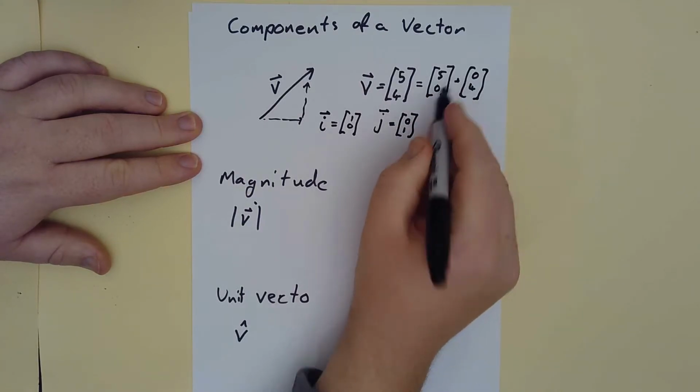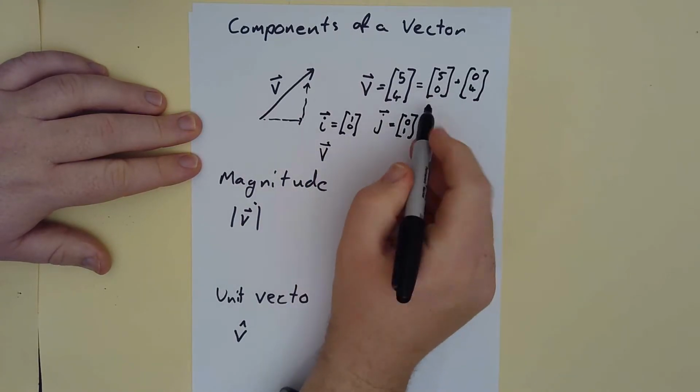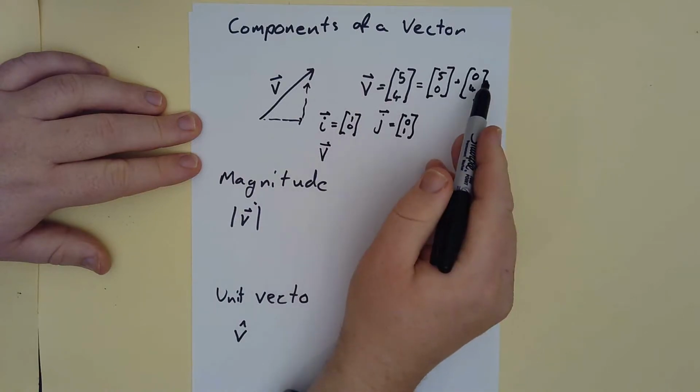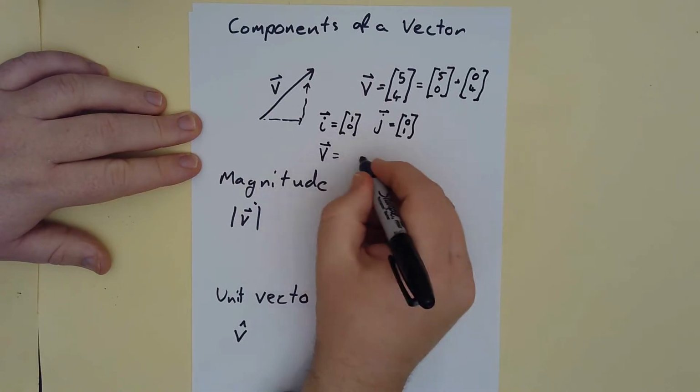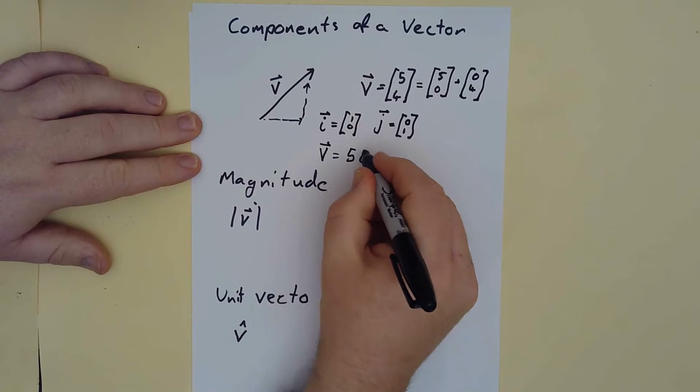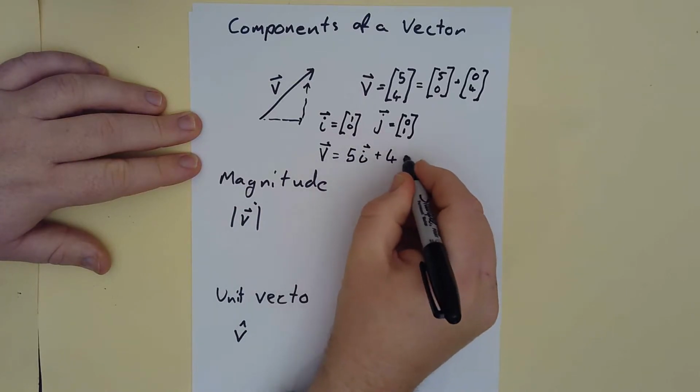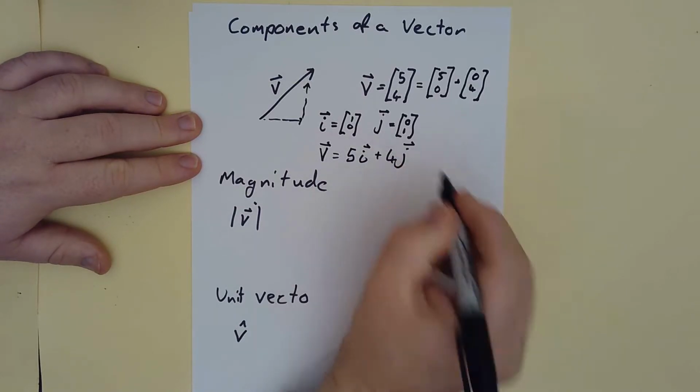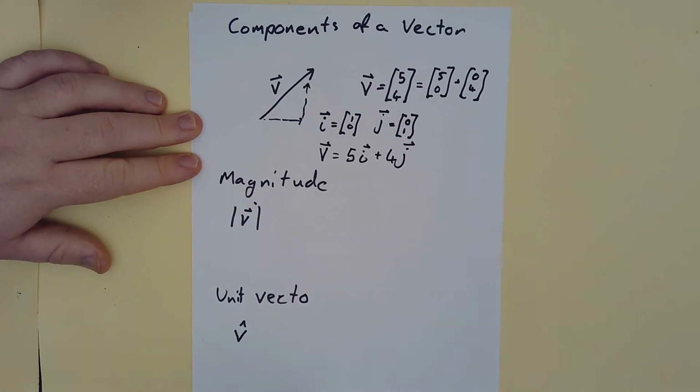And then we can write this vector v instead as 5 times i and 4 times j. So it's 5i plus 4j, and that's our standard component form of the vector.